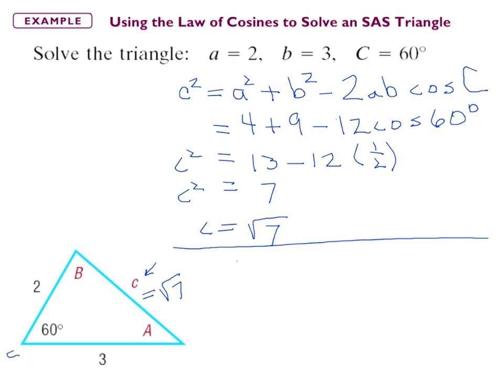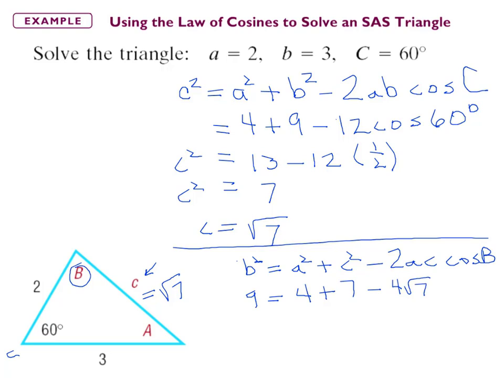Well, let's try to find B. So if I want to try to find angle B, I have to use B squared equals A squared plus C squared minus 2AC cosine B. All right, well now I have B squared is 3 squared, 9, is equal to 4 plus the square root of 7 squared is 7, minus 2 times A is 2, so 4 times the square root of 7, cosine B. Okay?